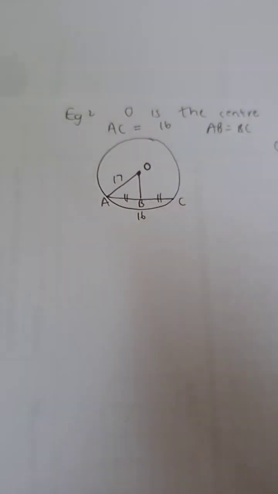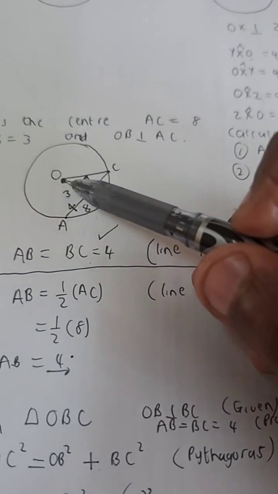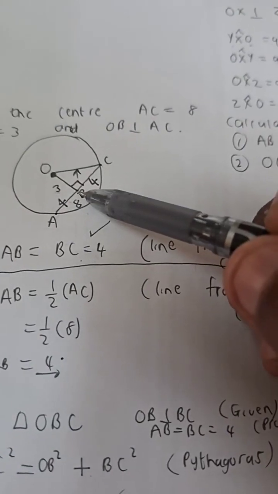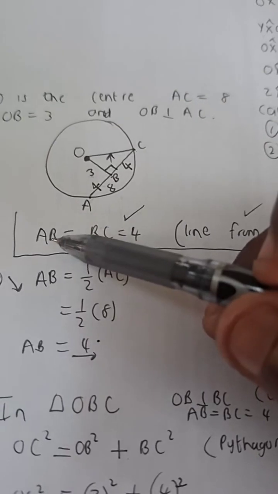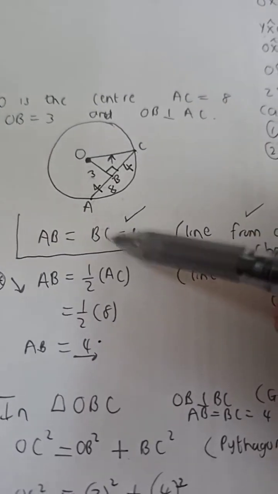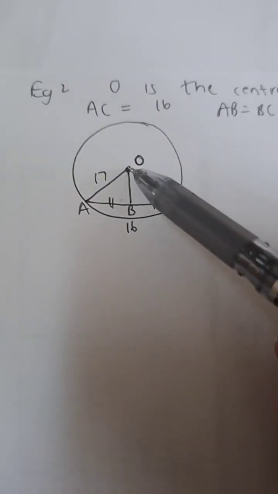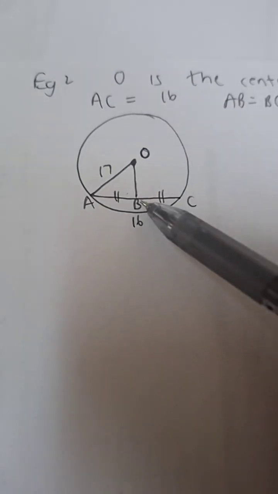So this means now I have to kick into the other theorem. The previous question was the one that said a line from the center perpendicular to the chord. I used the result for that theorem to get the fact that AB is equal to BC. Now this diagram says a line from the center to the midpoint.